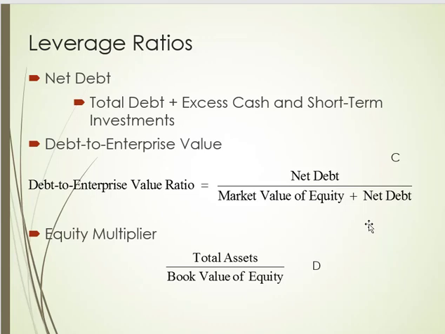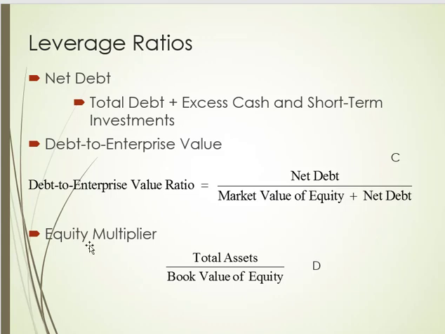What would it cost to buy the equity and pay off the debt, to leave it with a zero debt company that is privately owned? That's the enterprise value ratio. Again, how much debt do you have compared to this total net value? Again, the higher the number, the greater the risk when times go bad.